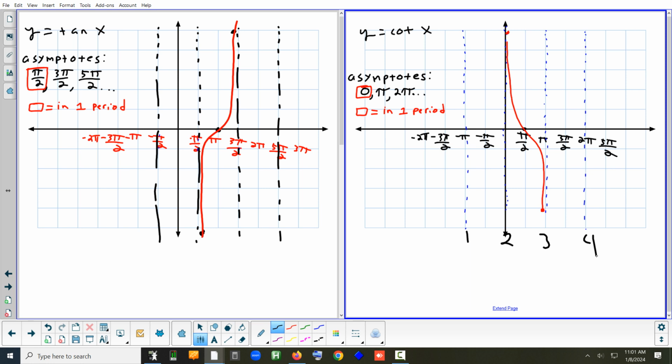Because if 2 and 3 both belong to the red curve, then what would you say for this blue one? Would you say 3 and 4 both belong to that one? You already said 3 belong to a different one. So each asymptote can only belong to one section at a time. It doesn't matter how you think about it.